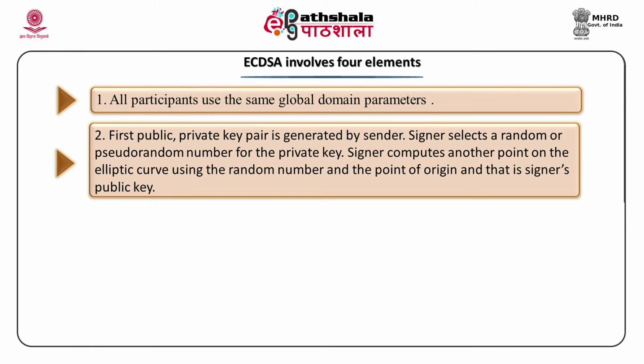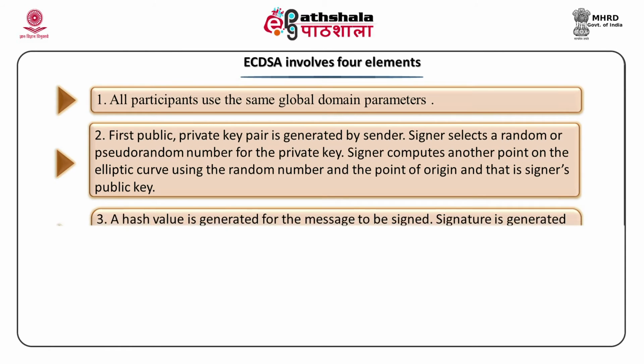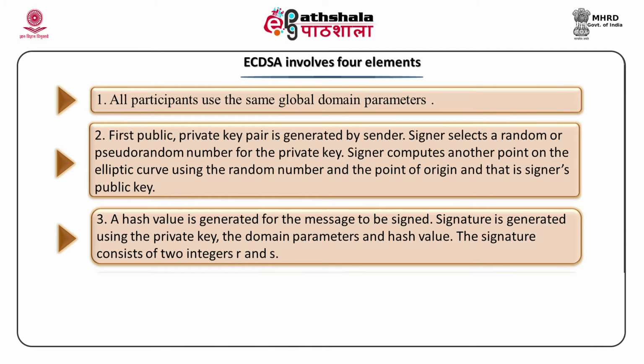The signer computes another point on the elliptical curve using the random number and the point of origin, and that is the signer's public key. So, in the first step, the signer just chose a random number, used this random number and the point of origin, and then it became the signer's public key. A hash value is generated for the message to be signed.